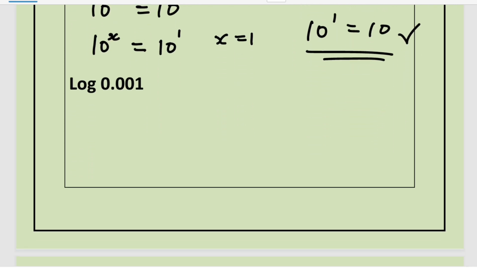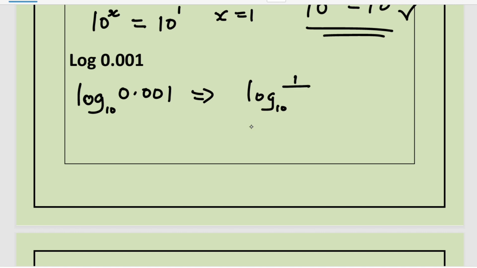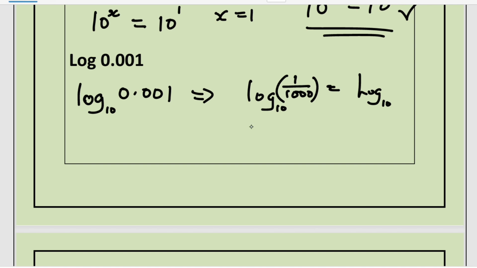So in a similar way, log 0.001, so we shall have this is same as log to base 10 of 0.001, and 0.001 is same as 1 over 1,000, and 1 over 1,000 is same as 1 over 10 cubed.